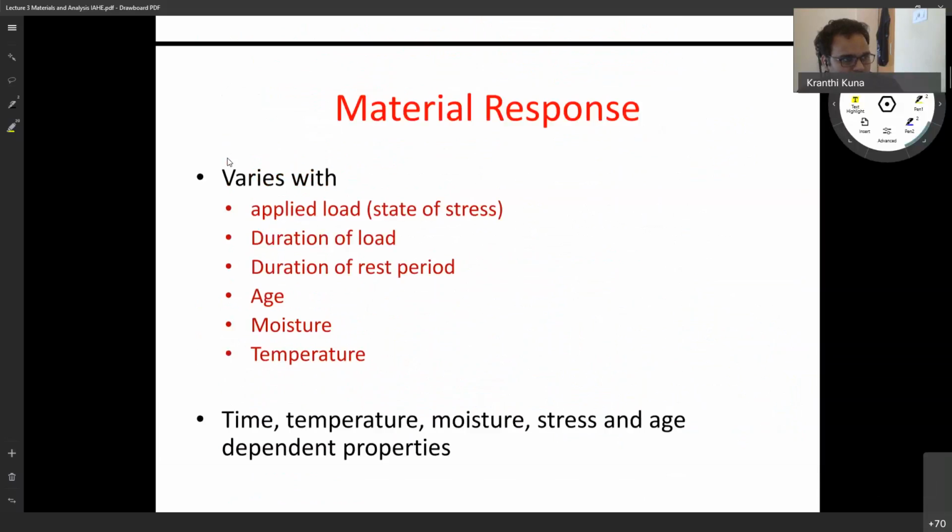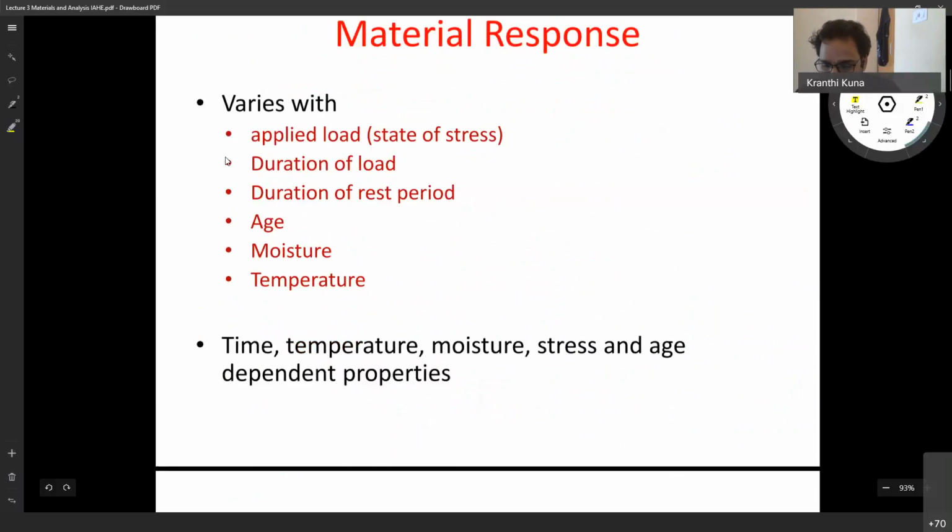So this also we discussed. The material is subjected to various conditions. It will be subject to different stresses, different load durations. Stresses is, say, for example, if you are having heavy vehicle, the stress will be more. If it is lighter vehicle, stress will be less. Duration we discussed. The faster vehicle will have a less load duration. Slower vehicle will have longer load duration and different rest period.